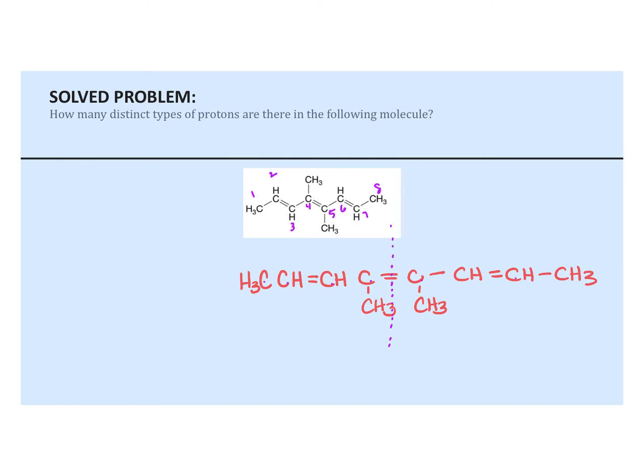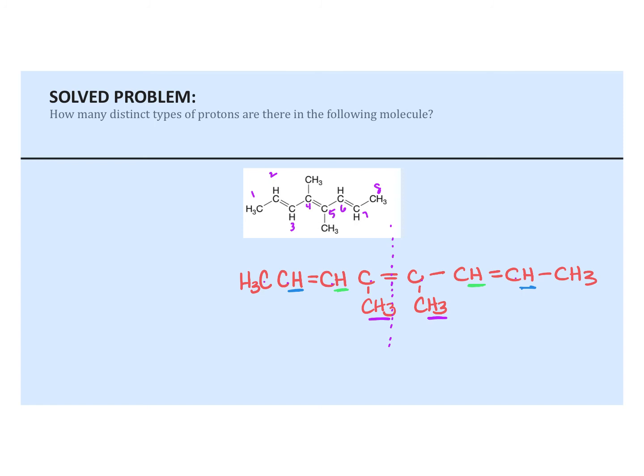We are not looking at carbons. This is protons. So look at those protons. So we have these two CH3s that are equal distance from that point of symmetry. And then we have this CH and this CH here. And then this CH and that CH there. And then I need another color.